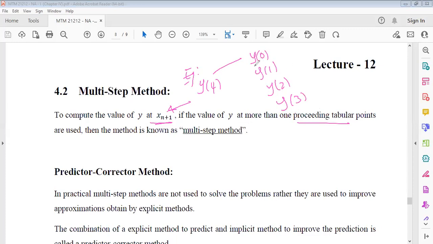From these values you can find the required value. That is what is called a multi-step method. Sometimes there may be a question like define multi-step method or define single step method, so go through these things also. That's just an introduction.